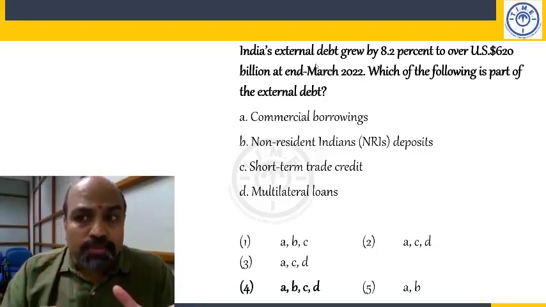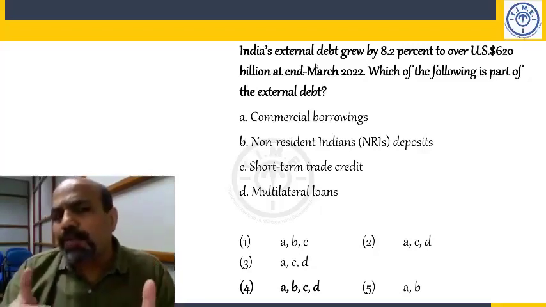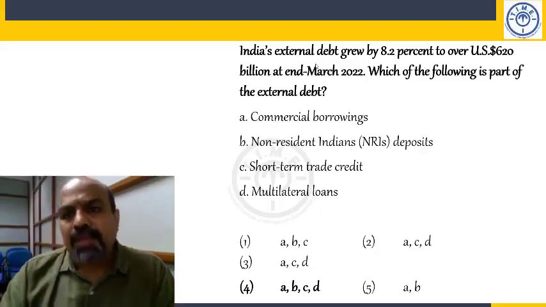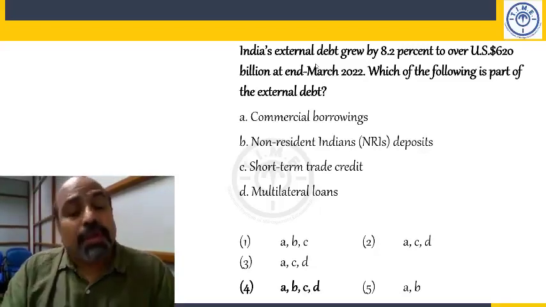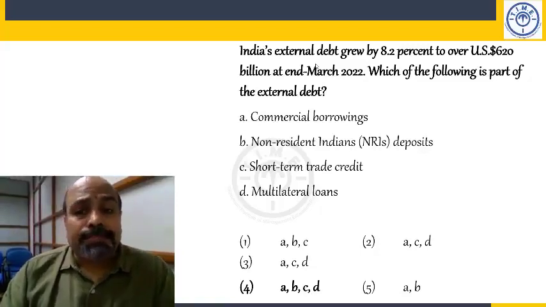Now, how much do we owe? $620 billion. That's a tad under 20% of our GDP, which is not a worrying factor. So I'm going to give you some dope on this. Please write as much as you can.